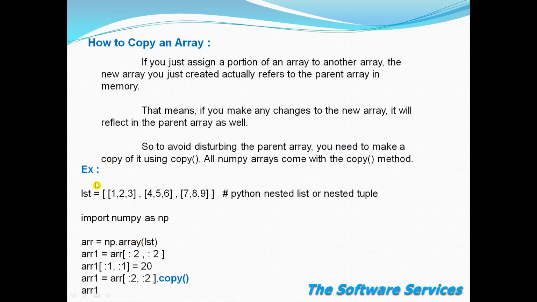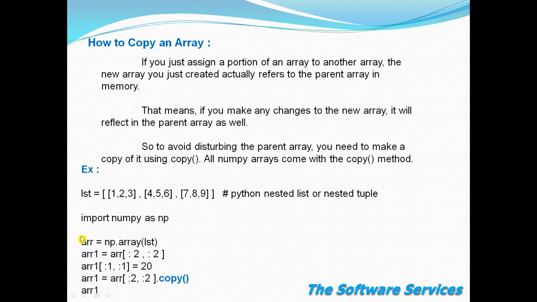Let us explain with a simple example so that you can understand. The same old example: one nested list we have taken and passed to the array method to convert that list into a NumPy array. And what is the objective of this class? How to copy an available array.